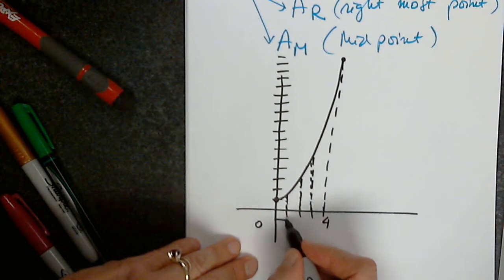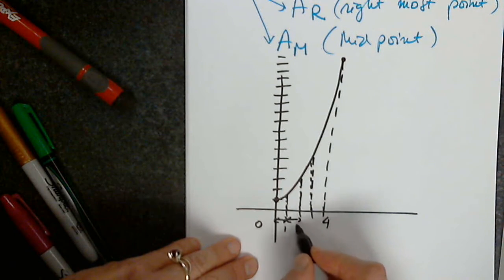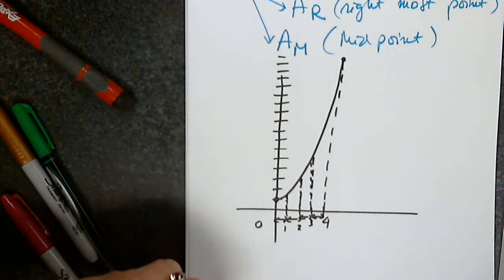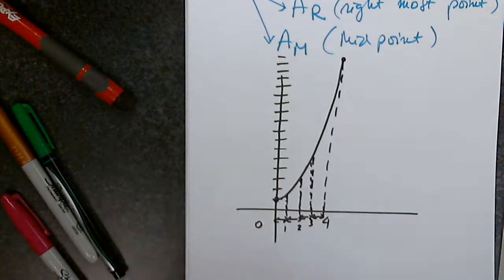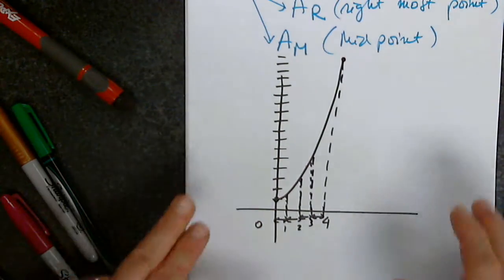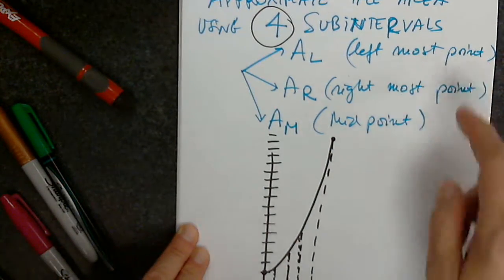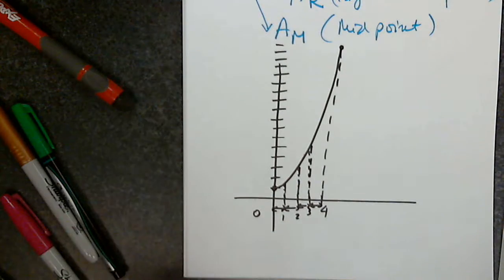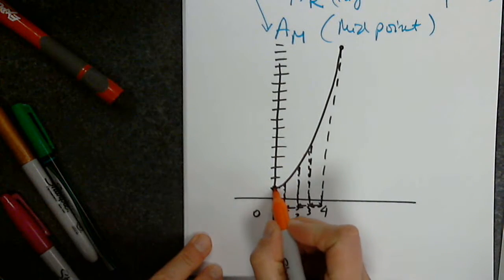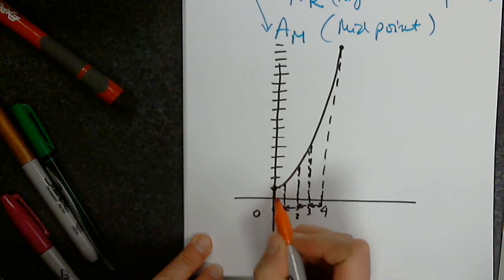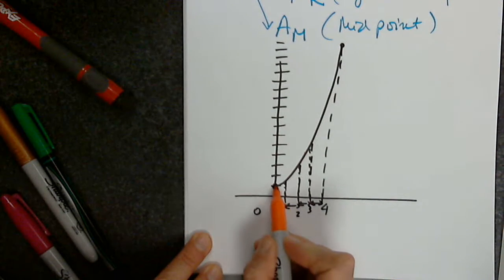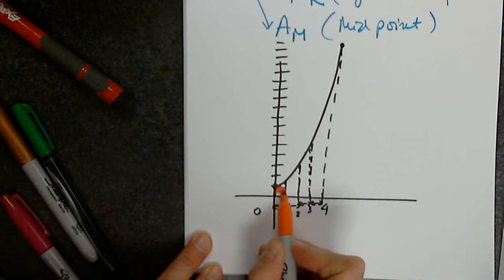And obviously, the width of the interval is 1. And I'm asked to use and approximate the area using the leftmost point. Okay, I'm going to create a rectangle using the height from the leftmost point. And get this.